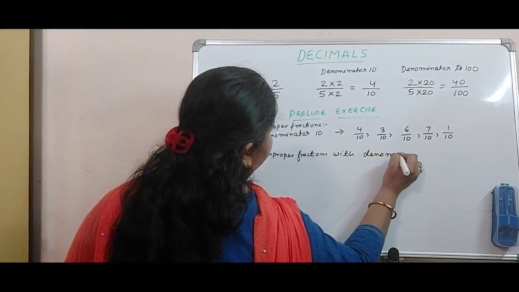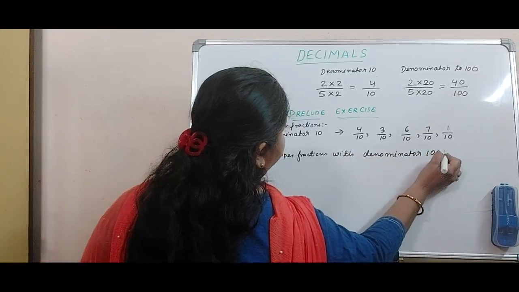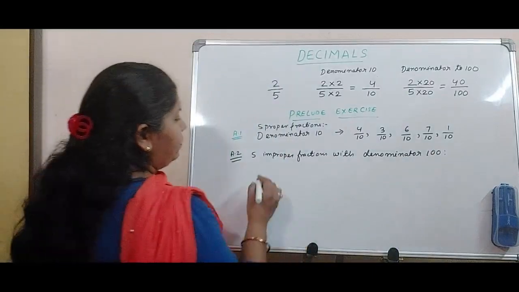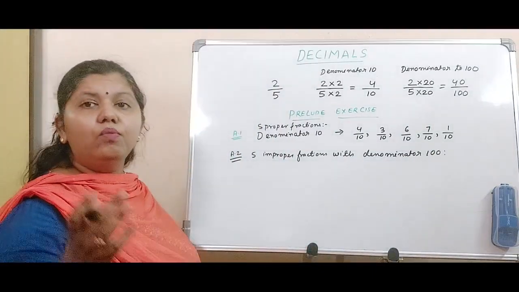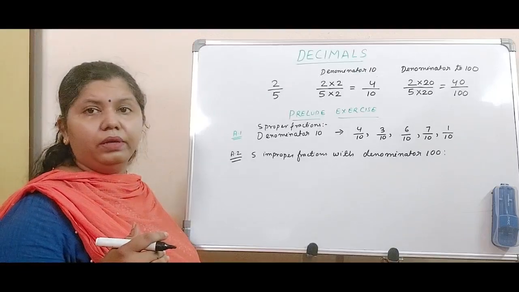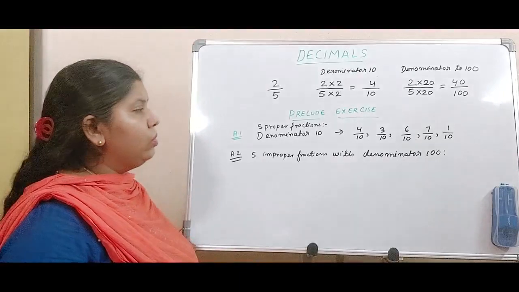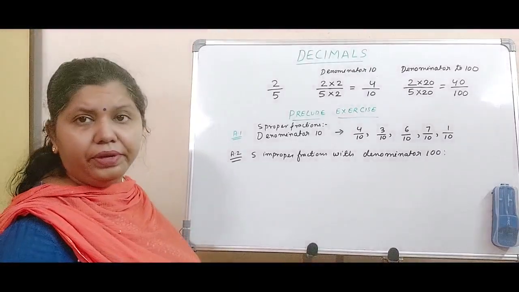Okay. 5 improper fractions with denominator 100. So the numerator has to be more than the denominator. You know that is what an improper fraction is. So the numerator has to be more than 100.